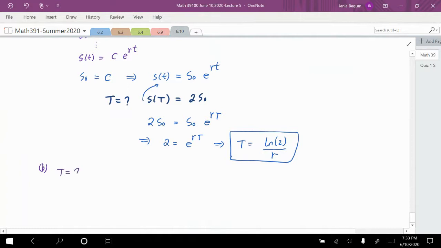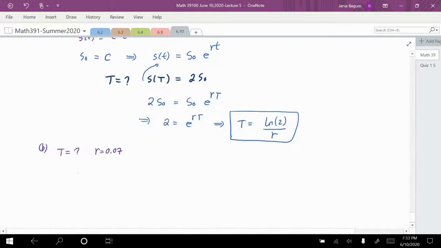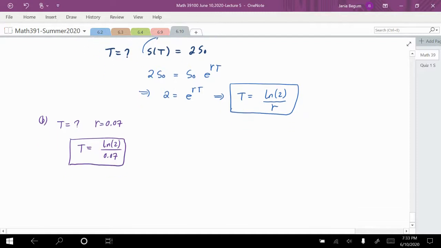Just plug r is equal to 0.07 into the function. Exactly. So we just want to know T. If you plug in the rate is 7%, converted to a decimal, that would be the setup. So the T would be ln of 2 over 0.07. That's part B.